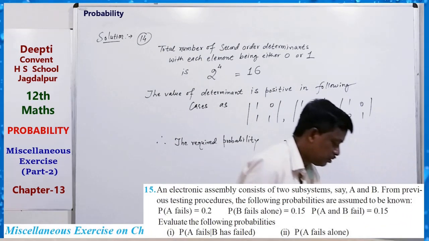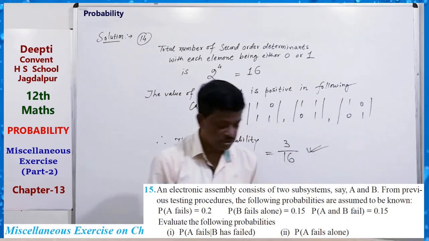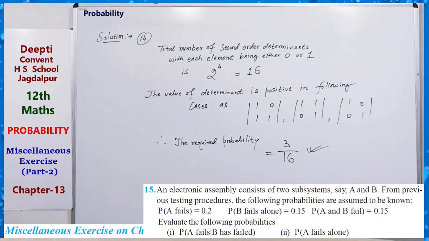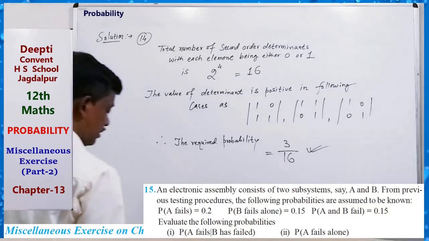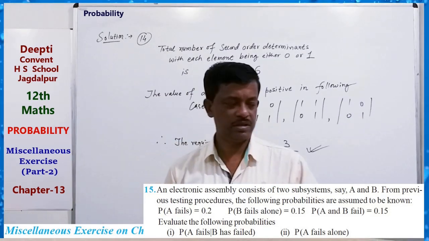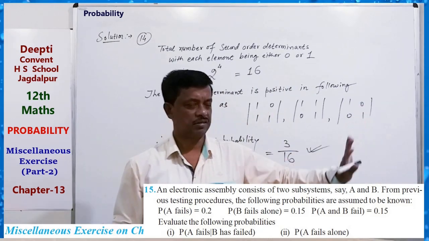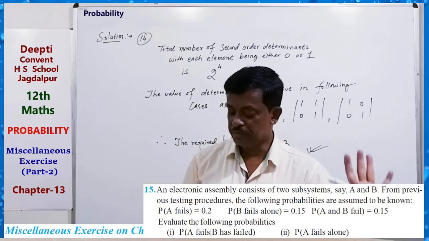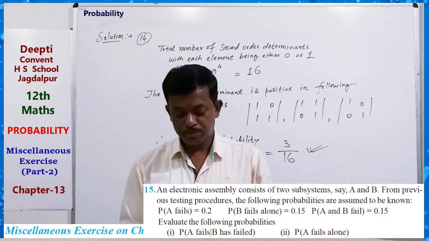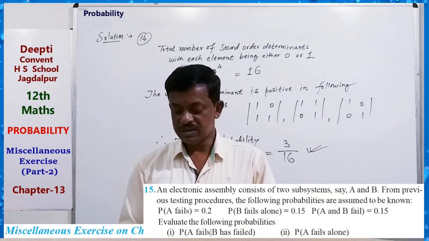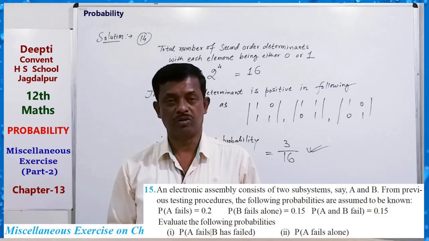Now question 15. An electronic assembly consists of two subsystems, say A and B. That is, the assembly is organized and here there are two subsystems, A and B. From previous testing procedures, the following probabilities are assumed to be known.